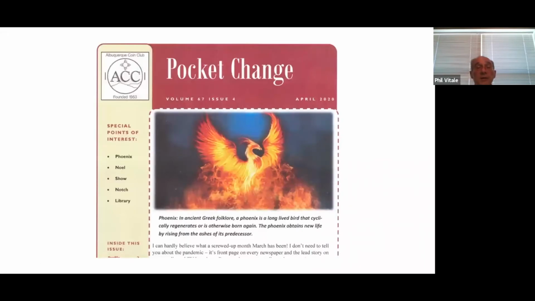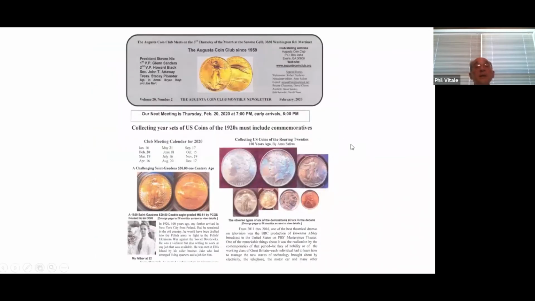Okay, colors. I was going to talk about the coronavirus, it's killing us here, but we'll come back to that. If you put a picture of the phoenix rising from the flames, it gets everybody's attention right away. They're drawn directly to the front page of your newsletter. So this is a good newsletter.